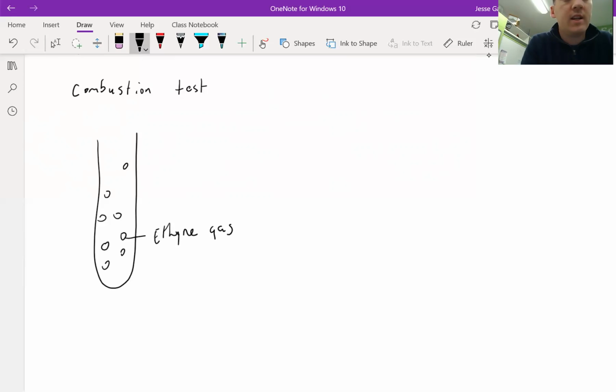Okay, we're going to take a lit splint on fire, and we're going to combust the Ethyne gas. When we do this, it does combust, we do get a chemical reaction. We get Ethyne gas, C2H2, sorry, this is Ethyne.